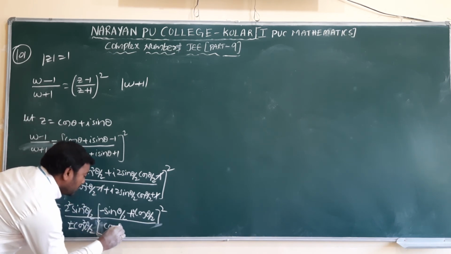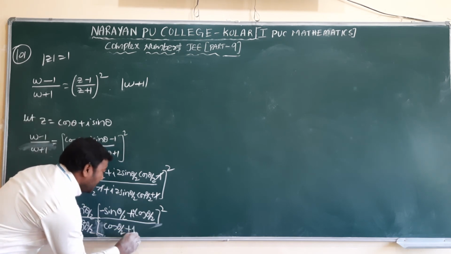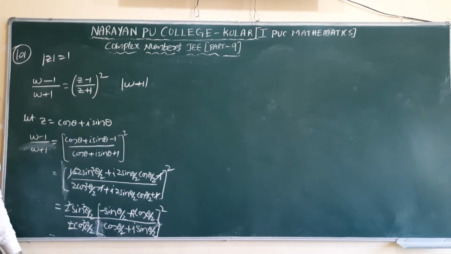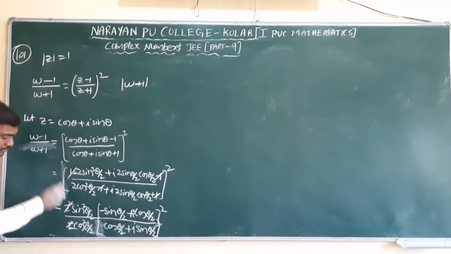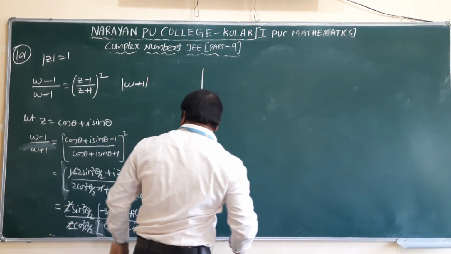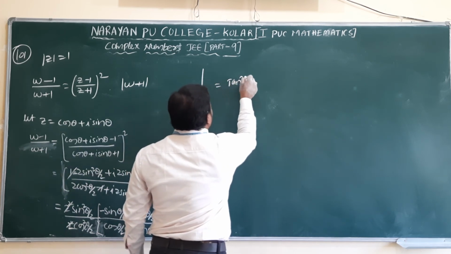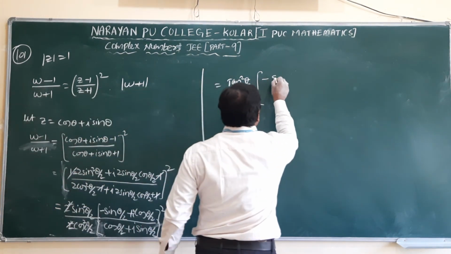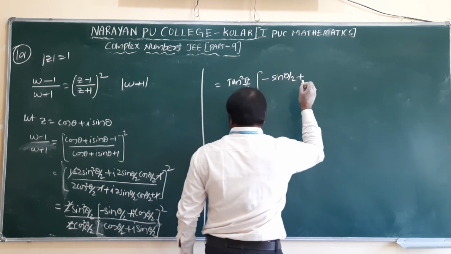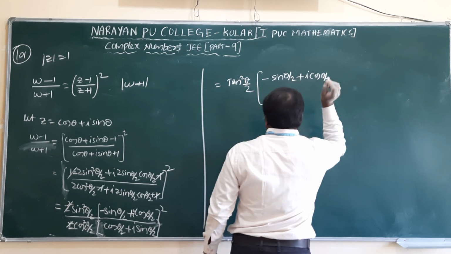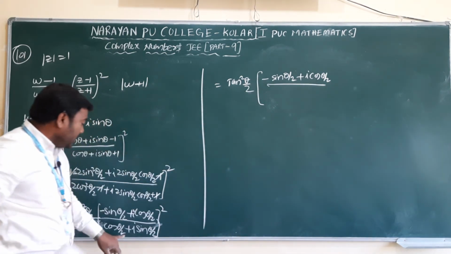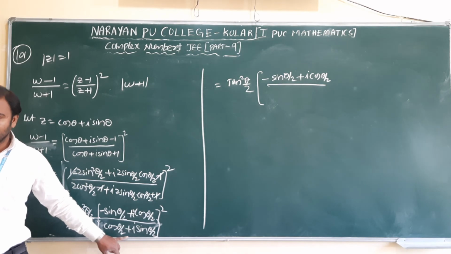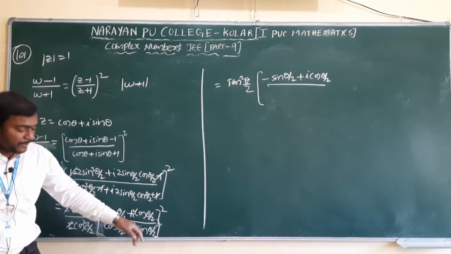Here 2 square gets cancelled, remaining sin square theta by 2 by cos square theta by 2, so we take tan square theta by 2 in the numerator. Then minus sin theta by 2 plus i into cos theta by 2, divided by, in the denominator, we take common i, or multiply with i in the denominator.